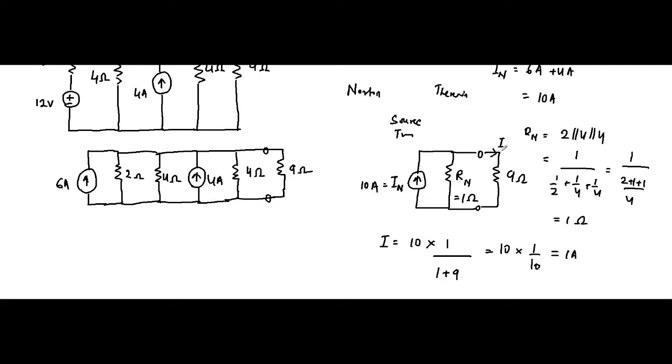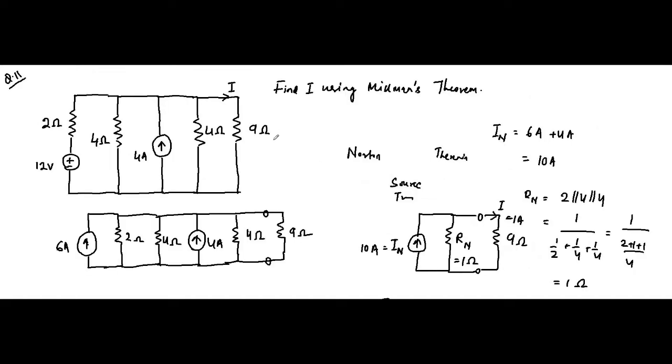So the current flowing through the 9 ohm resistor is equal to 1 ampere. Now let us see if we go with the Thevenin equivalent circuit approach, whether we get the same result. We should get the same result, but let us confirm it.